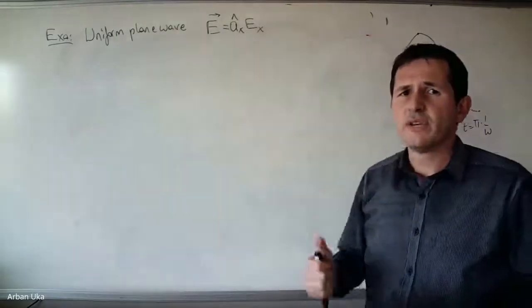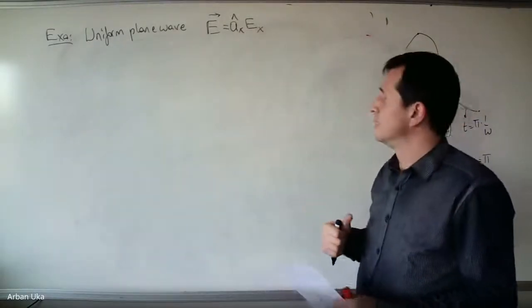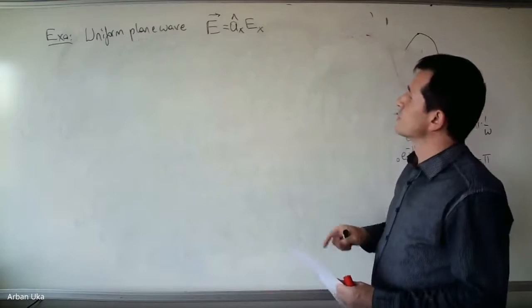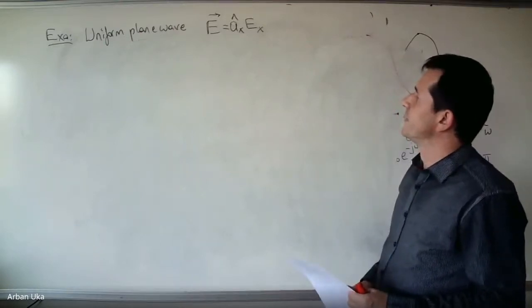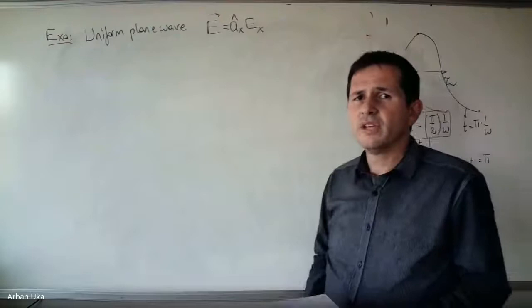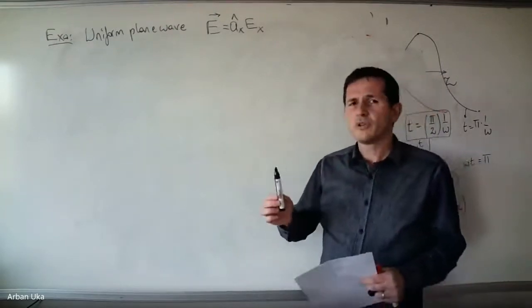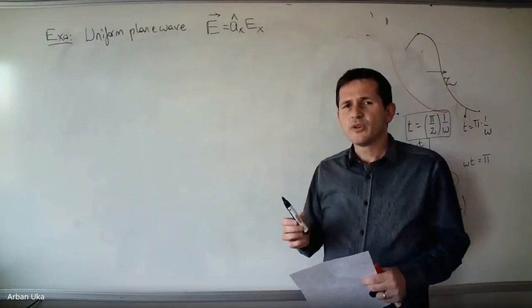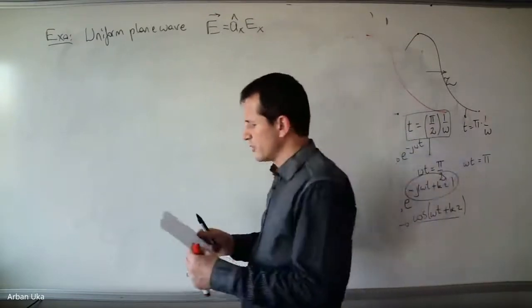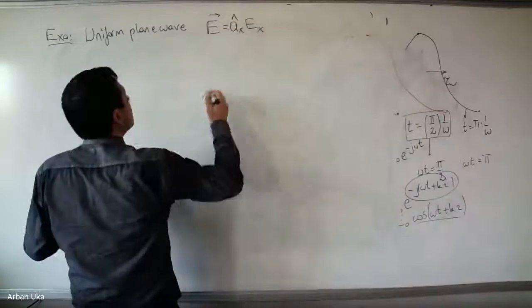Once you see this wave, the first thing that we may go after is to look at the polarization of this wave, which is along the x-axis, okay? Which means that the electric field is pointing along the x-axis, but this is not the propagation. The propagation will be shown in the propagator.